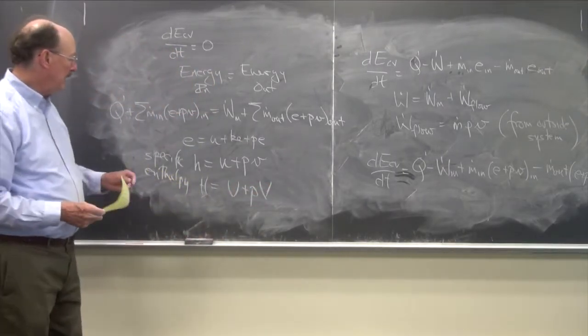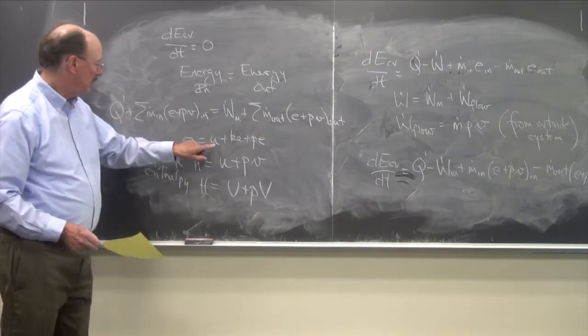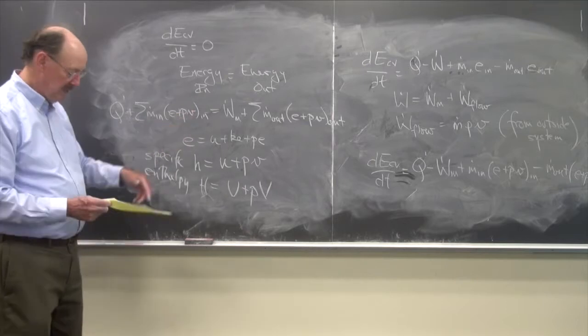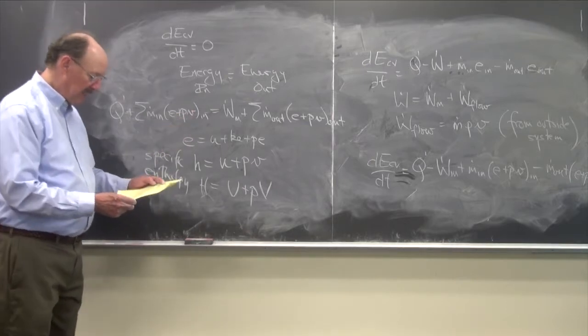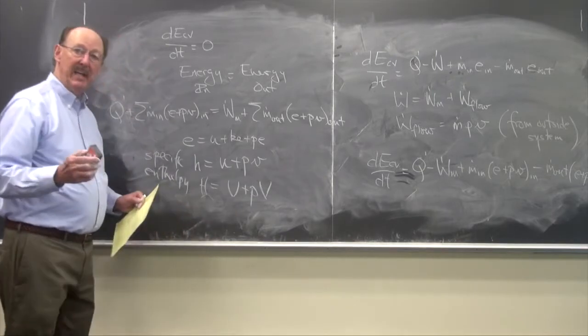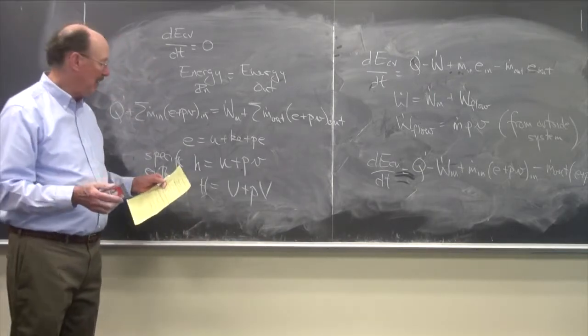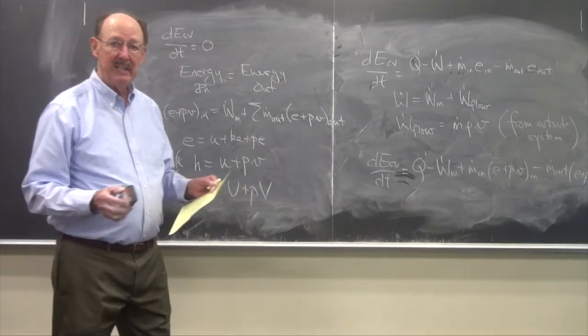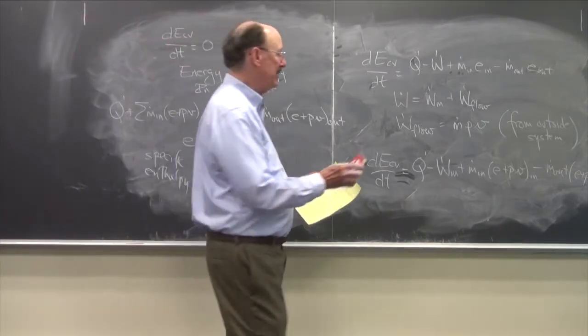So now if I look at this, I have U plus PV gives me H, so I can come up with a couple of equations for the first law, one involving H or enthalpy and the other one involving U plus PV. And these are the two equations that you'll be using in your first law analysis.